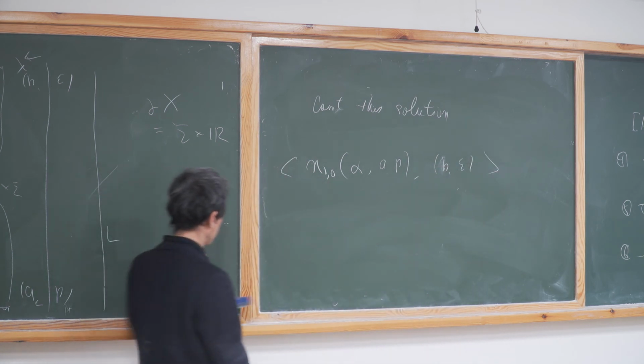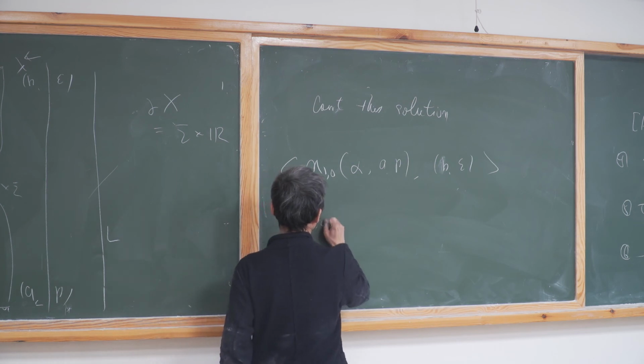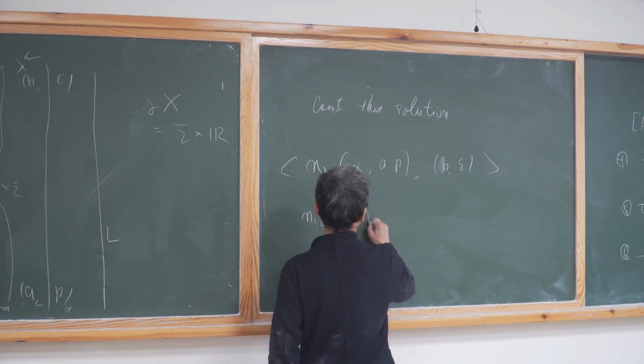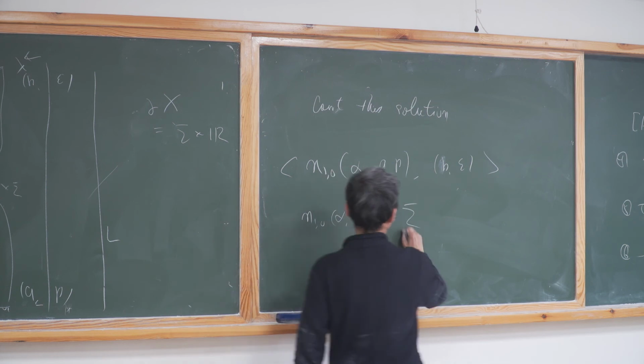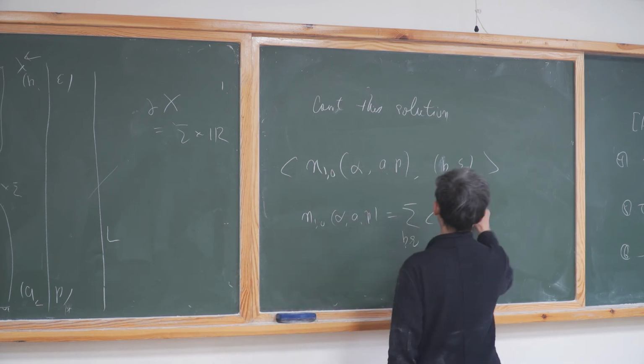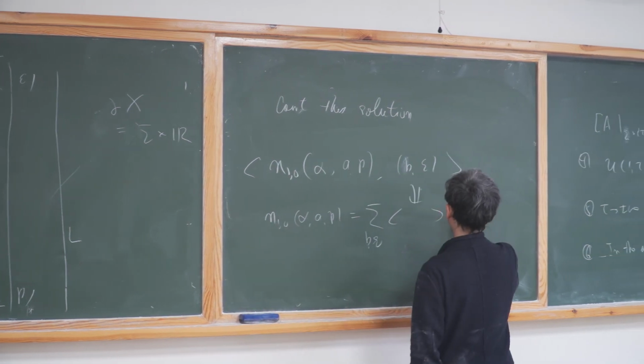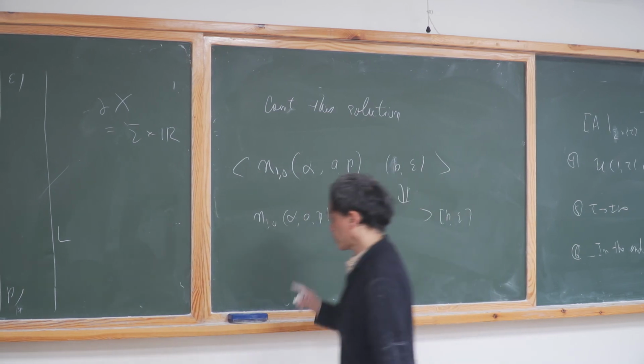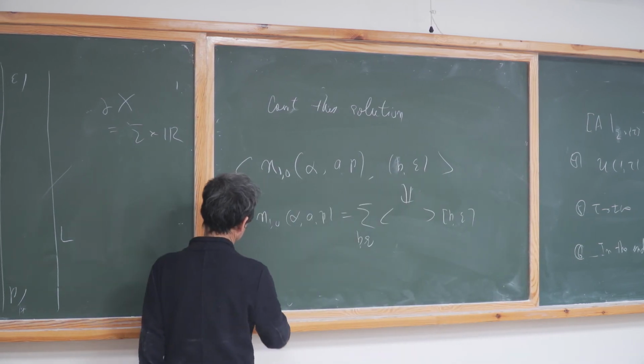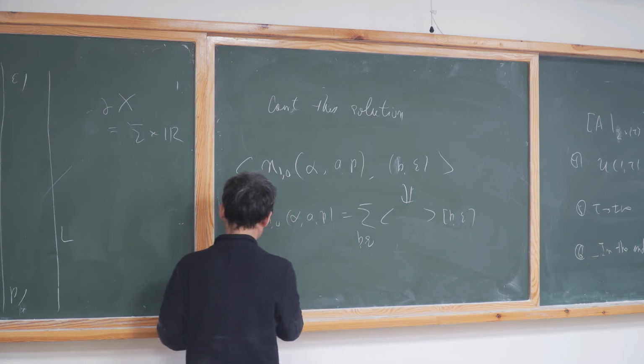And then the definition of N01 is just the number of BQ. So this is N01. So what is N10 in this case?